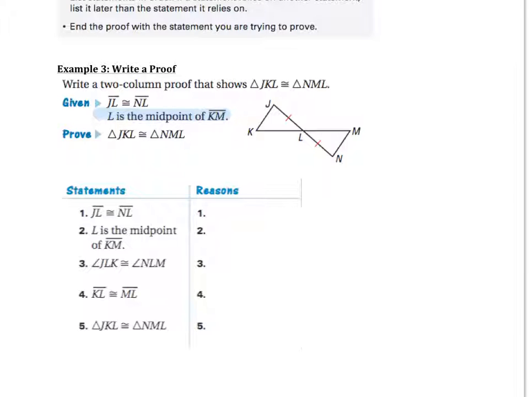So let's look at our statements. The first statement is listed as JL congruent to NL. And if you look in our givens up top, you'll see that it is given.